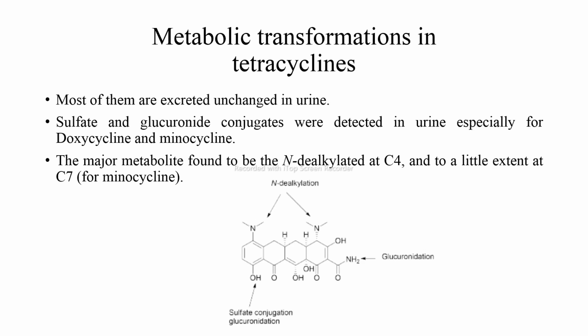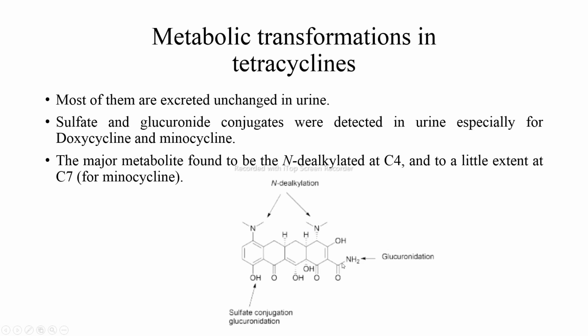Now generally most of the tetracyclines are excreted unchanged in the urine, whereas few metabolites are observed. Which few metabolites are observed? N-dealkylation takes place at positions 4 and 7, if these groups are there.